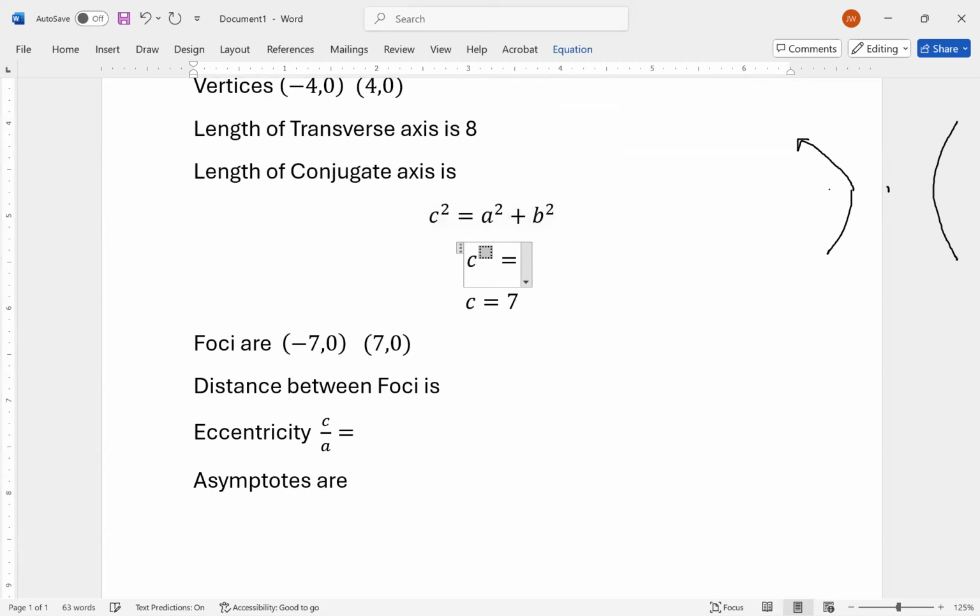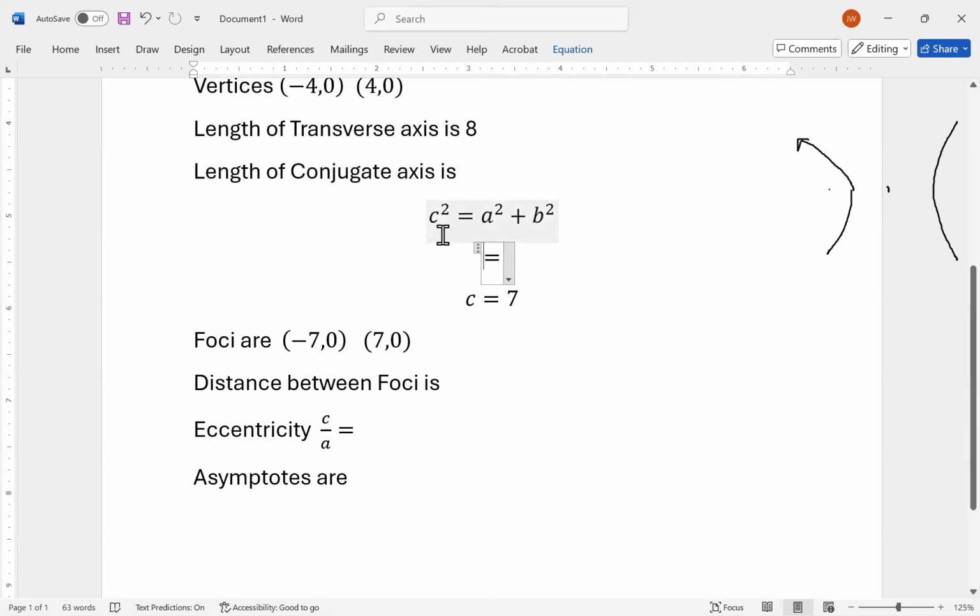So I can take the equation that I usually use to find c for the hyperbola, and I can say that 49 is equal to a squared, which is 4 squared, which is 16, plus b squared. And I can solve that for b.